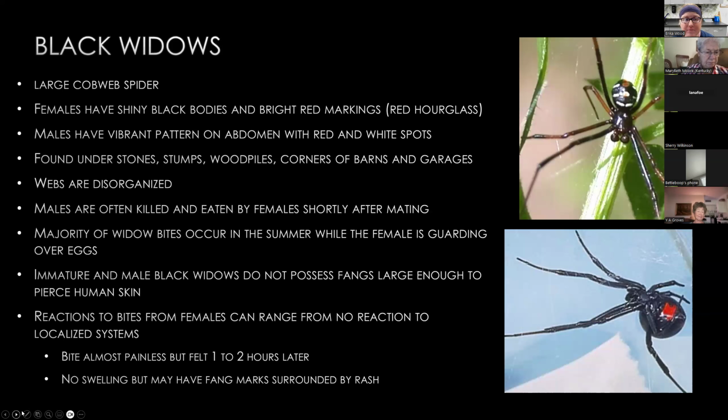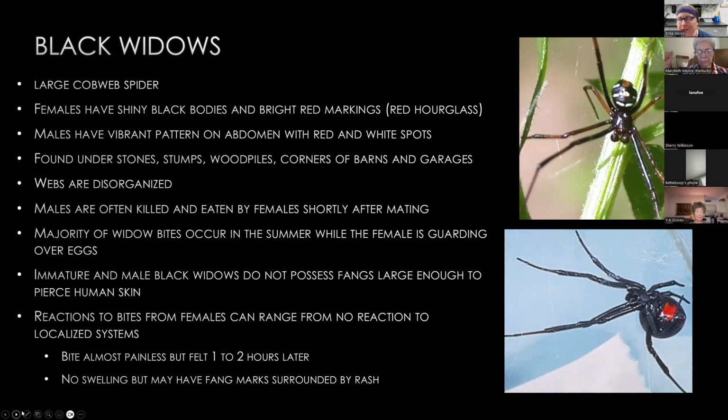So really, when it comes to bites, the bites are going to come from a mature female black widow, okay? And most of the time, these bites are going to occur during the summer months while the female is guarding over her eggs. So if you happen to invade her space where she is watching over and guarding her eggs, she may get a little aggressive and may bite you.